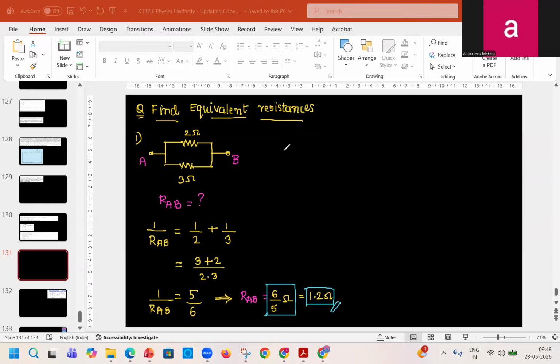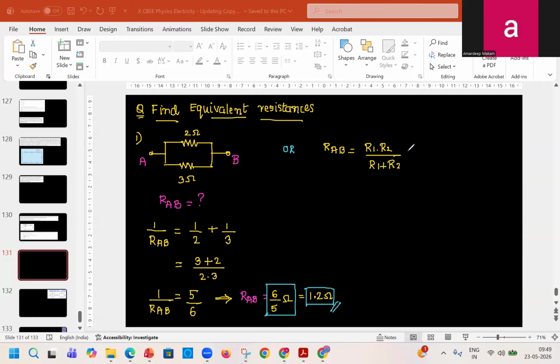Now some may ask, sir, can we directly use the formula? Yes, for two resistances, we have a direct formula also because we have derived that formula and kept it ready. So what is that formula? RAB you could have always written as product divided by sum: R1 multiplied by R2 divided by R1 plus R2.